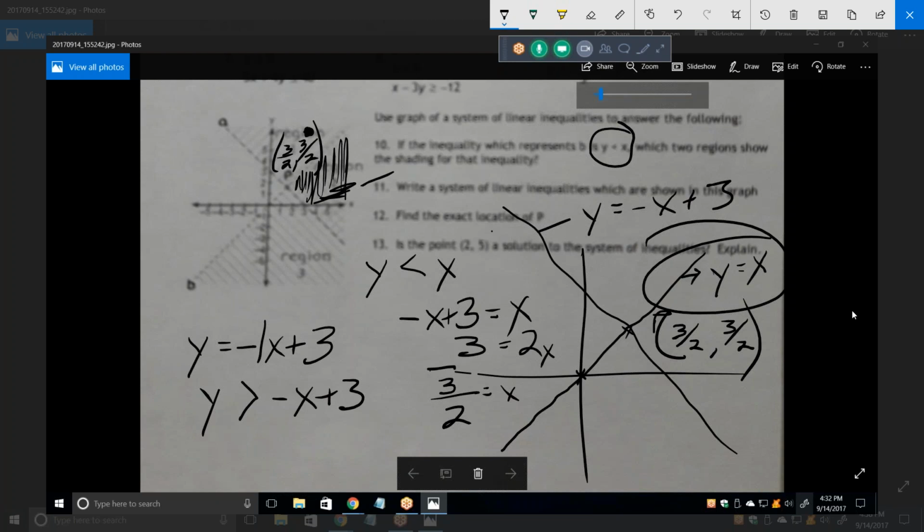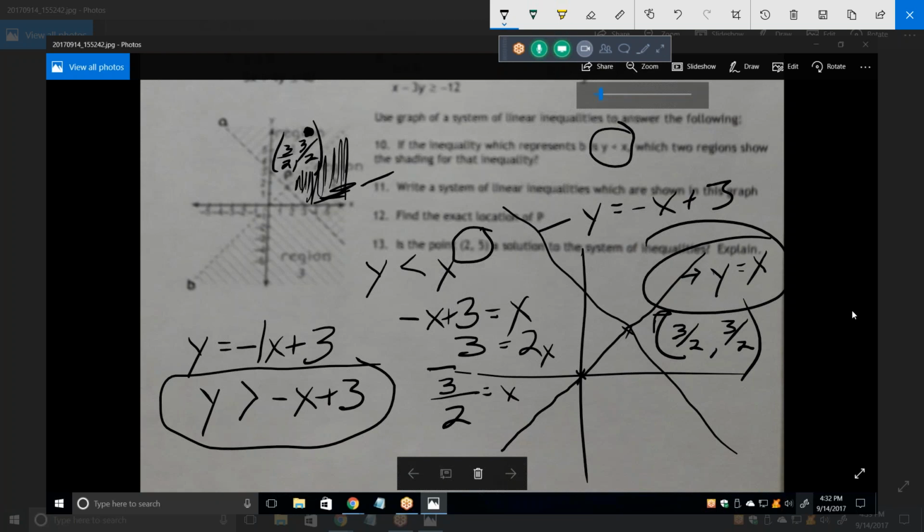This point right here, 2 comma 5, is that in the region? No, it's not. Did we graph this region correctly? Yes, we did.